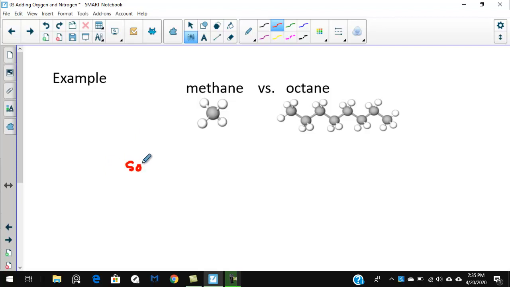Solubility: will it dissolve in water? Neither one of these is going to dissolve well in water because they're both non-polar. So this would be a no, this would be a no, and the reason is these are non-polar and water can only dissolve polar molecules.